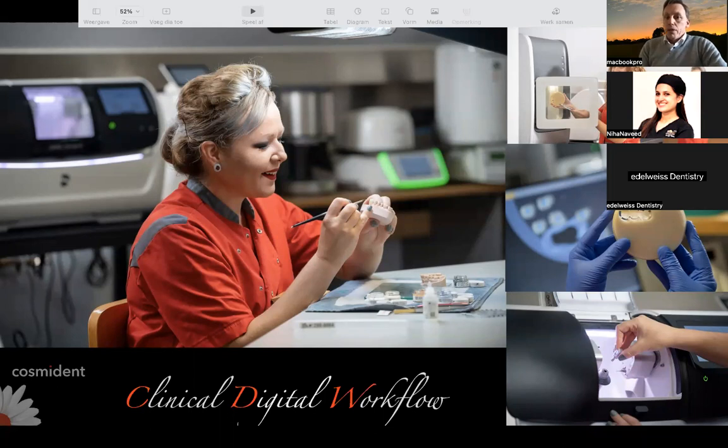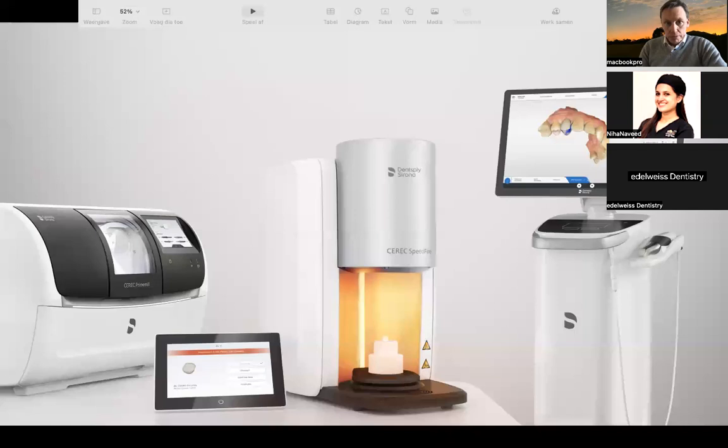This is our lab, where we work every day, because we have our own lab in the office, which produces all the nice work you will see in my presentation. What do we need if we want to work in the digital workflow? We need a milling machine, an intraoral scanner, and something like we use here, a Spitfire, to sinter.